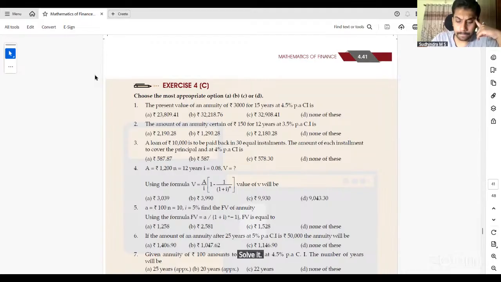Solve it. Yes, Tanushri, Ganavi, correct. Prapti, correct. Vikram, correct.